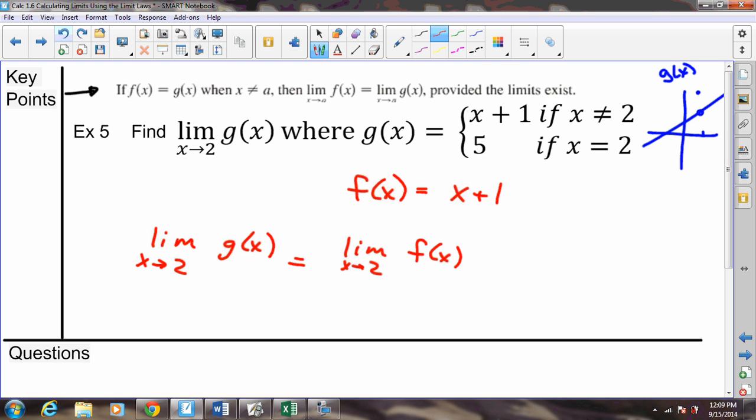Please remember, limits are not saying it is the function value. Limits are saying, where is it going? In many cases, the place it's going will turn out to actually be the function value. But not always, and this graph of g is an example of that. This is approaching 2 plus 1 to get 3.